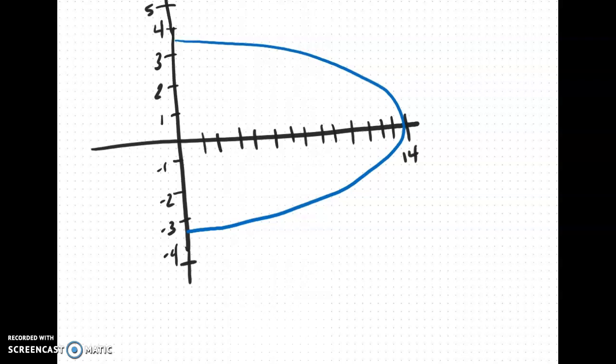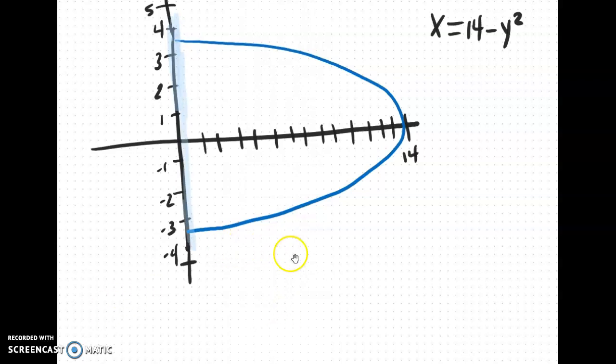So we have something that looks like this. And we're saying that R is the region that's bounded by the equation x equals 14 minus y squared, and the y-axis. This is the y-axis here.